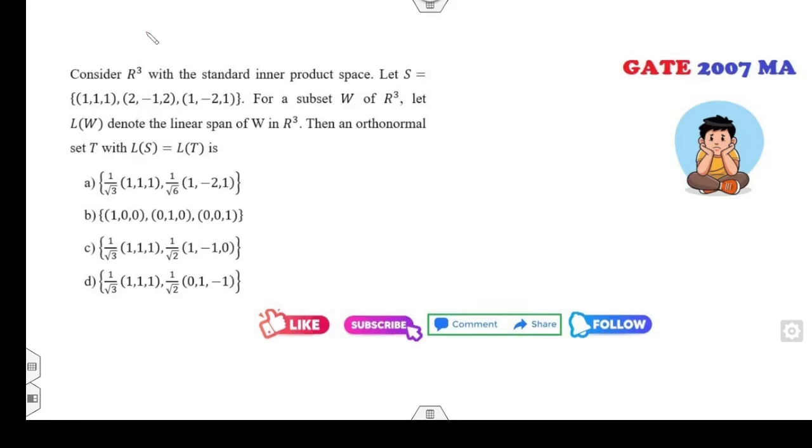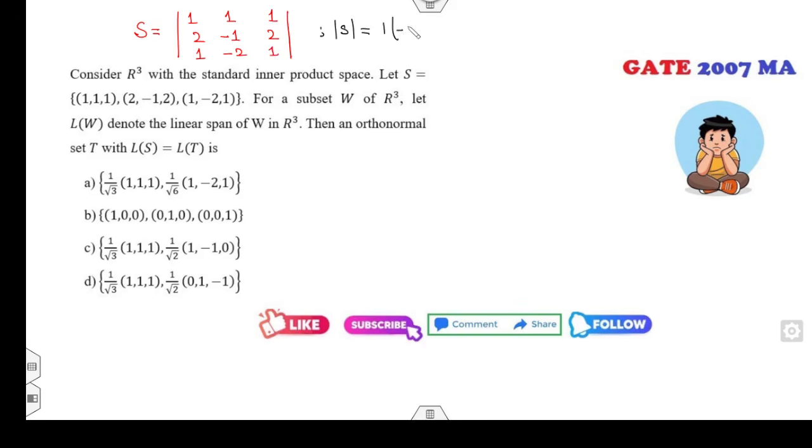ओके, लुक एट दिस वन, एस आर द वेक्टर्स। सबसे पहले चेक करते हैं वेदर दे आर LI और नॉट। I can write the vectors as 1 1 1, 2 -1 2, 1 -2 1. So find the determinant.